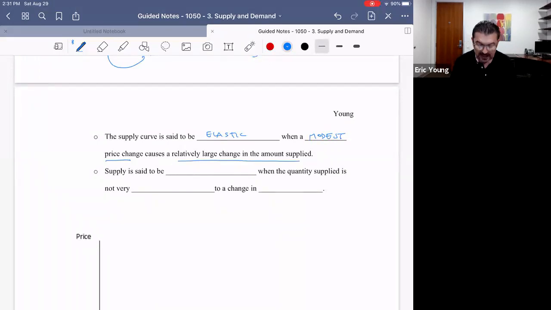Again, elastic supply: small price change, big change in QS, very responsive. On the other hand, supply is said to be inelastic by definition when quantity supplied is not very responsive to a change in price.